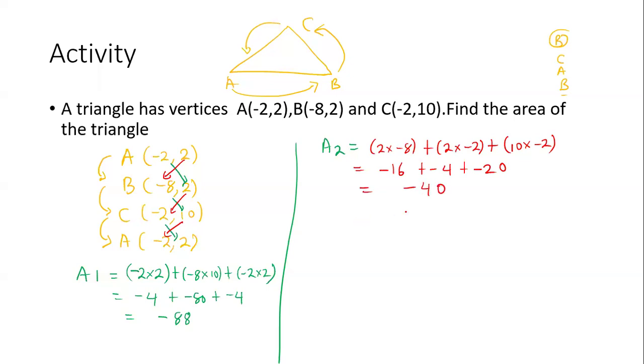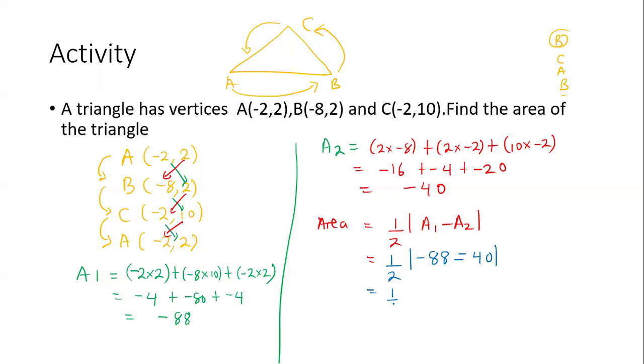Then we go back to our area. So we know that the area will be given by 1 out of 2 into A1 minus A2. So when we substitute into that, this will give us 1 out of 2 into negative 88 minus negative 40.